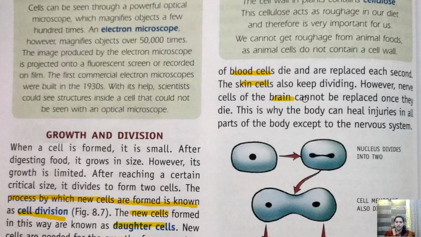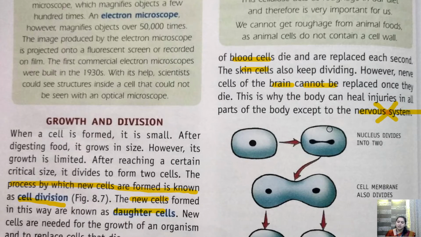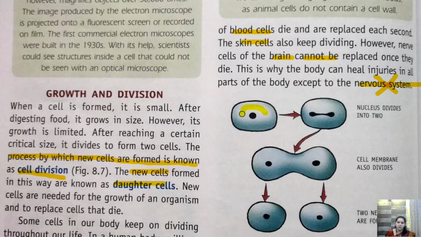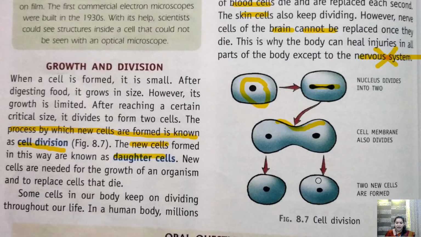But in brain, we cannot replace the nerve cell. Okay, so nerve cells cannot be replaced, whereas all other cells continuously divide. So this is the process. This is one single cell. Now nucleus is getting divided. Now cell membrane also divides here and is forming two new cells that are called daughter cells.